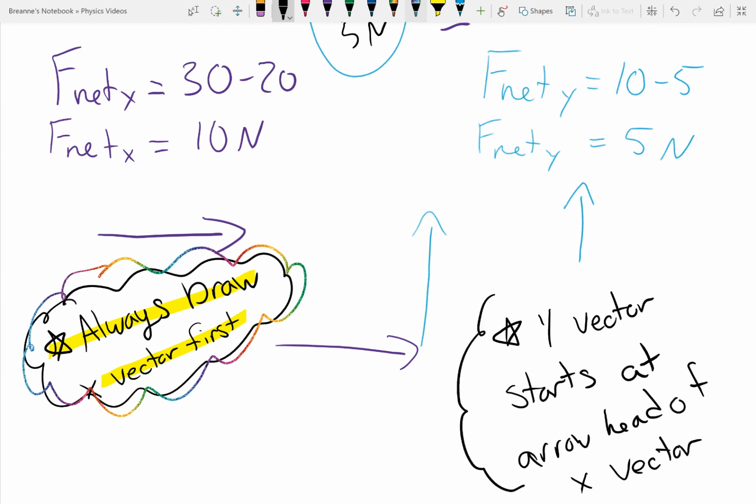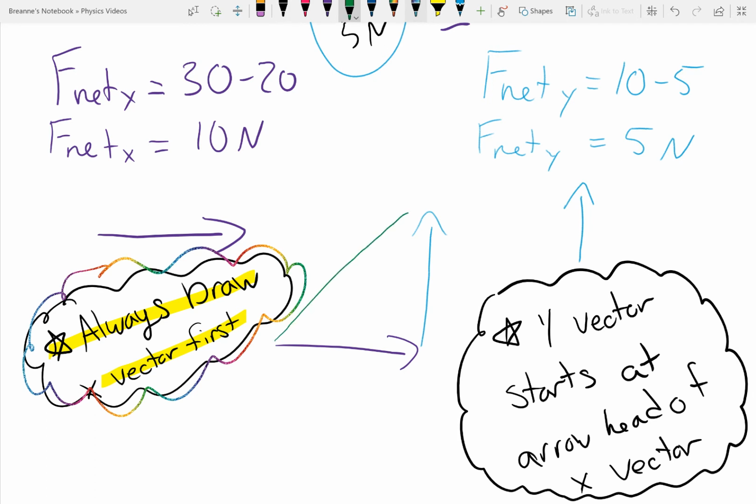These are things I'm seeing when you draw your triangles that throw off your angle. You'll get the exact same hypotenuse, but your angle will be off. So you draw your x vector first, and then your y vector starts at your arrowhead and goes up. Then you have your hypotenuse. This is your 90 degrees.